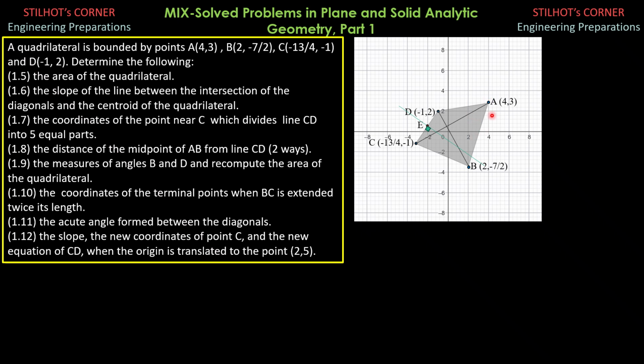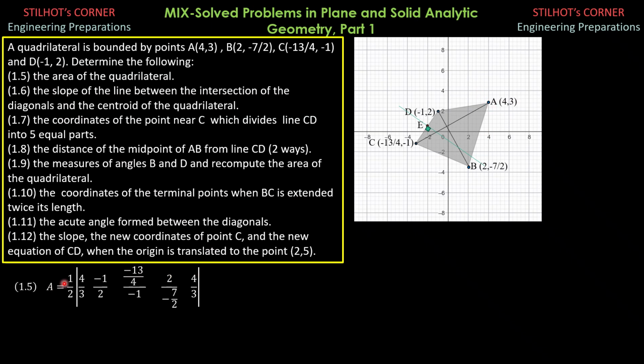So 4/3, then negative 1 over 2, then negative 13 over 4 over negative 1, and 2 comma negative 7/2. Then go back to the initial point 4 comma 3.